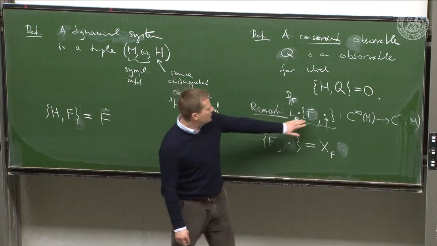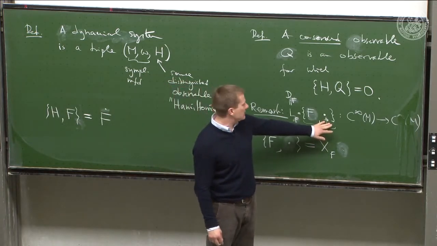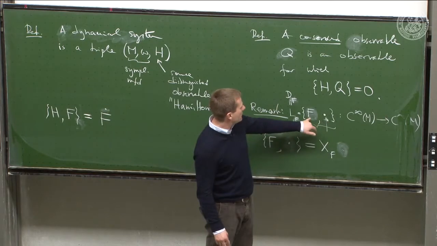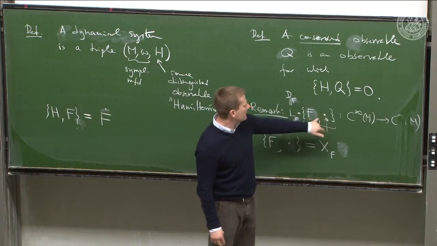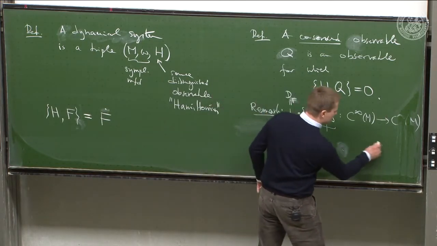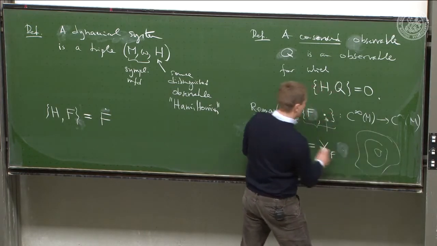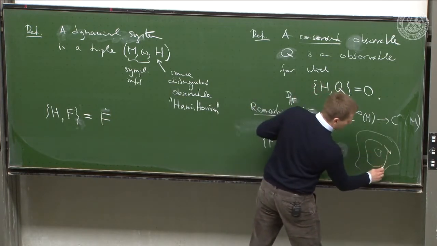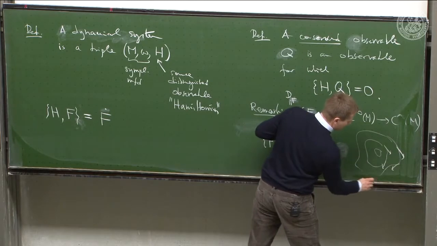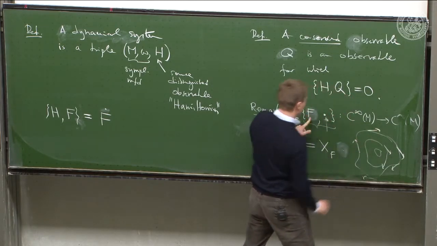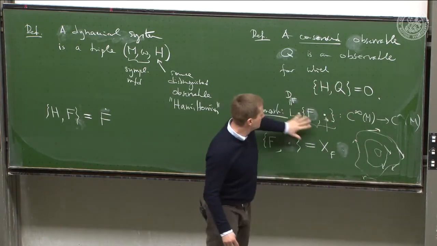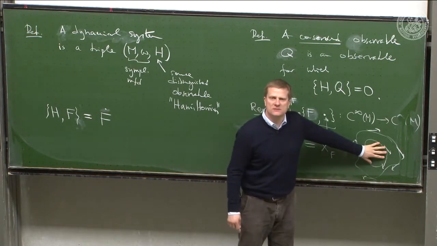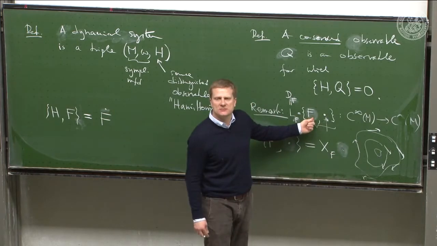So you can understand it algebraically, but from now on you say, oh, Poisson bracket with an open slot here. This is precisely, if these are the level lines of the observable, then this vector field here. So this object is a vector field on the symplectic manifold. It's extremely useful to think of this guy this way.